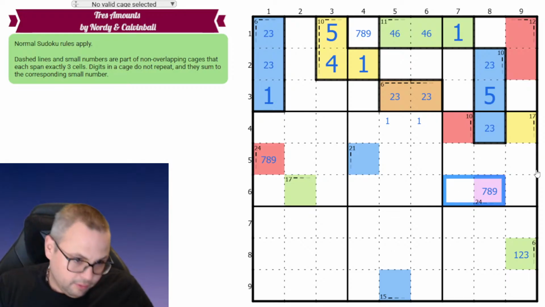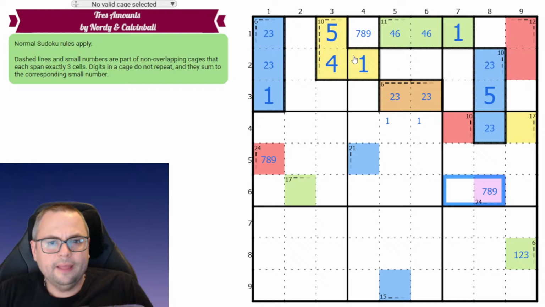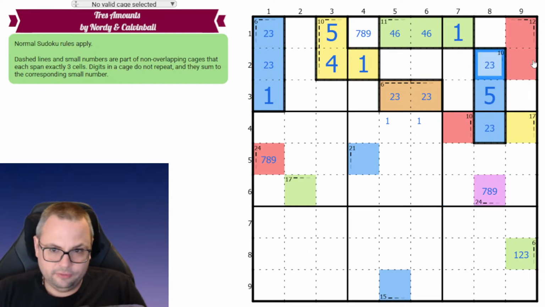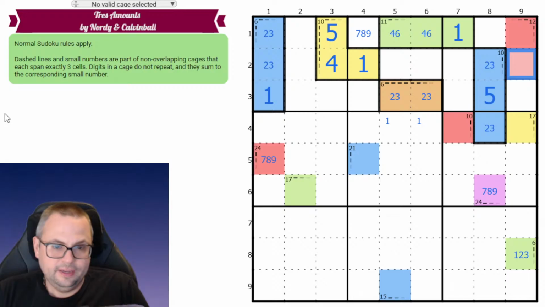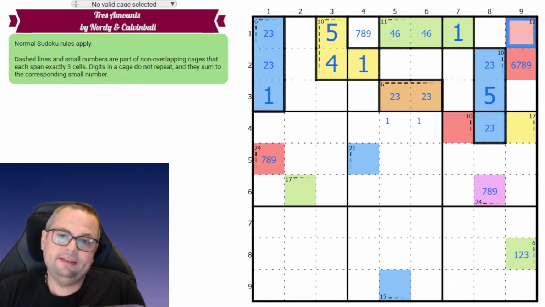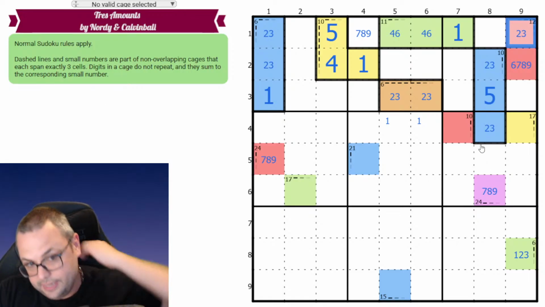Okay, so we've got that. So now there's a 2, 3 pair looking across. So now this digit is not 1, 2, 3, 4, or 5. So this is from 6, 7, 8, or 9, which means this digit is not from 6, 7, 8, or 9. And if it's not from 6, 7, 8, or 9, and you look at the row, the only thing it can be is the other 2, 3.